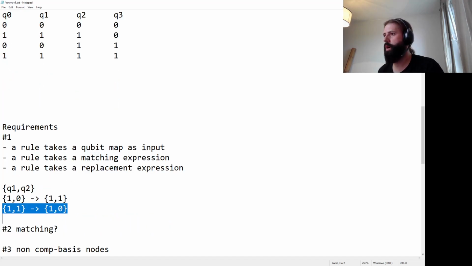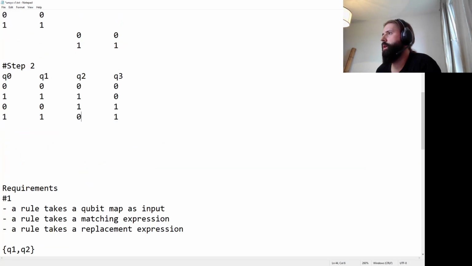And then I catch this pattern, which is there, and turn it into 1, 0. Which essentially leaves me with this system, where now we have a correlation across the 4 elements, the 4 nodes.